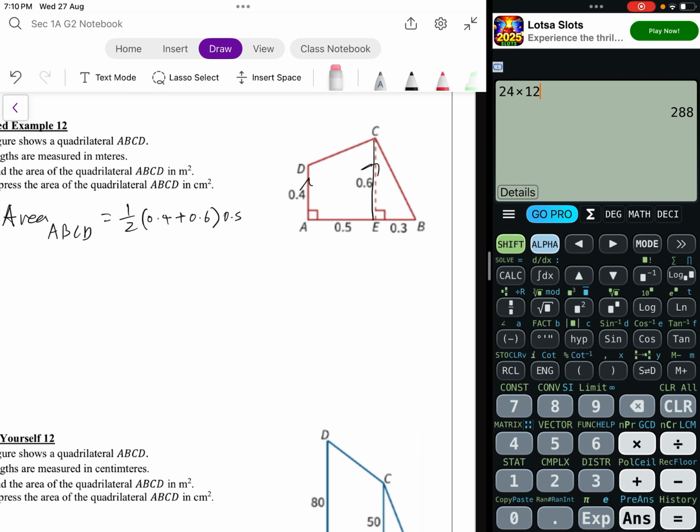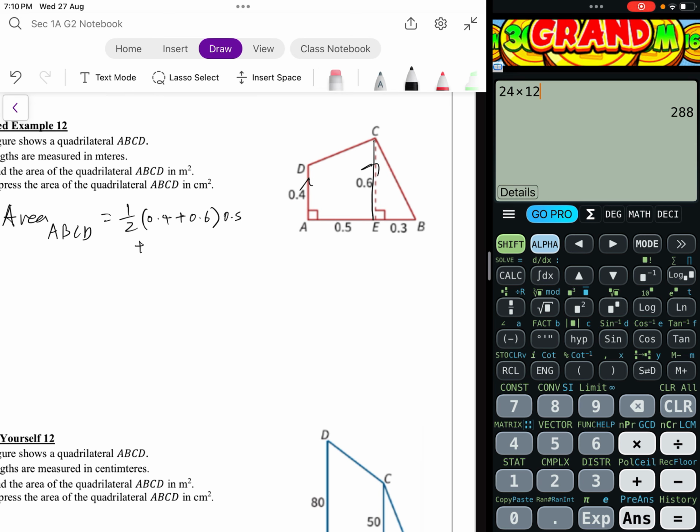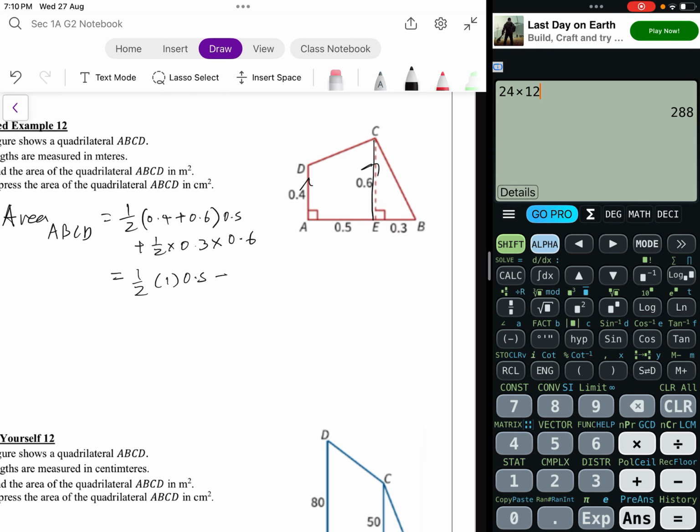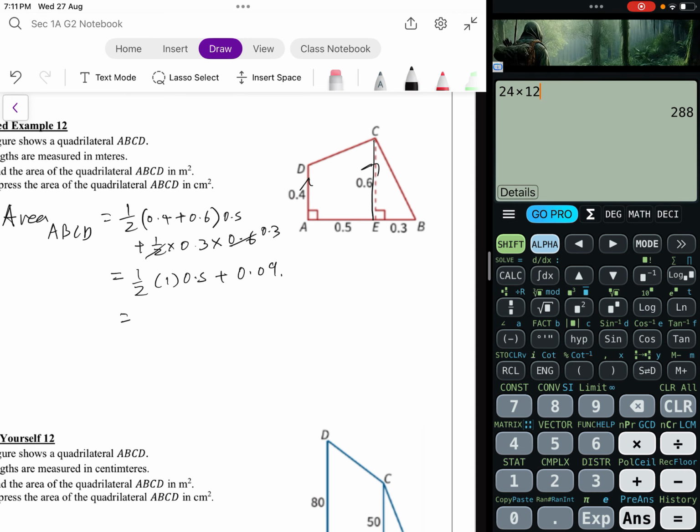So on top I have half times 1 times 0.5, plus half with 0.3 times 0.6, so 0.09, and half of 0.5 is 0.25.